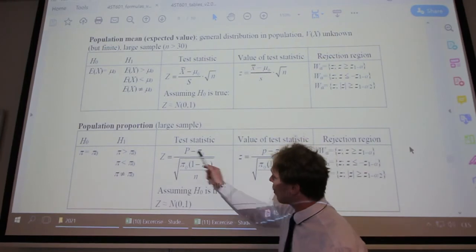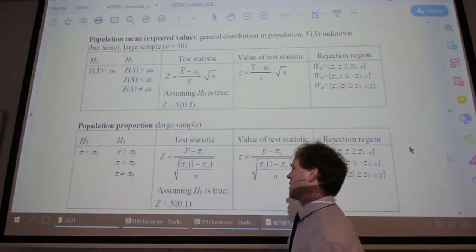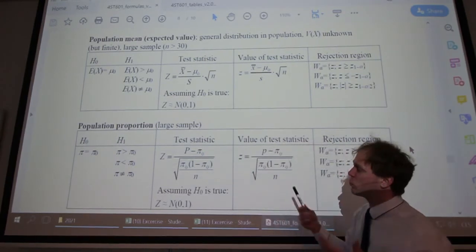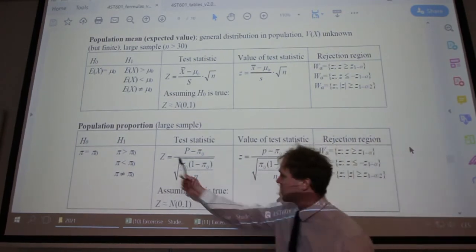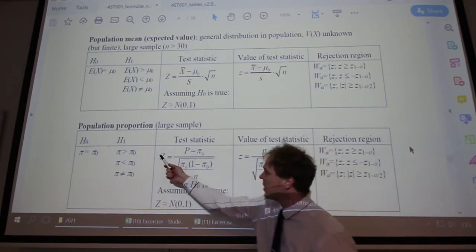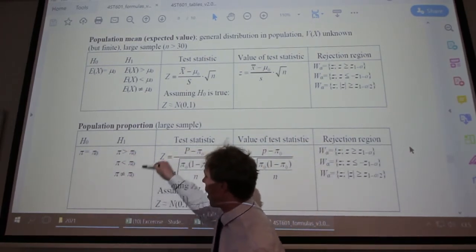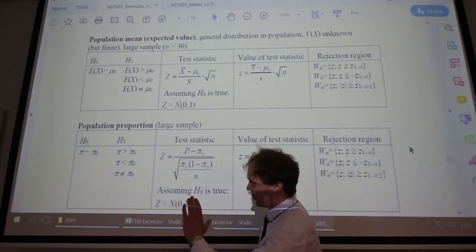And there is only one test statistic, with normal distribution Z here, and again we have here the null hypothesis and 3 types of alternative hypothesis.